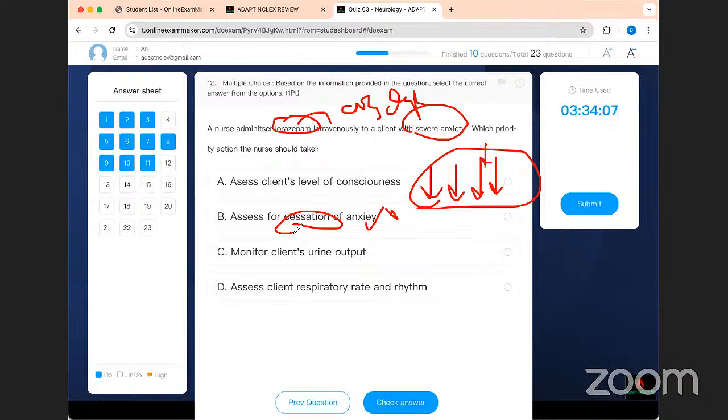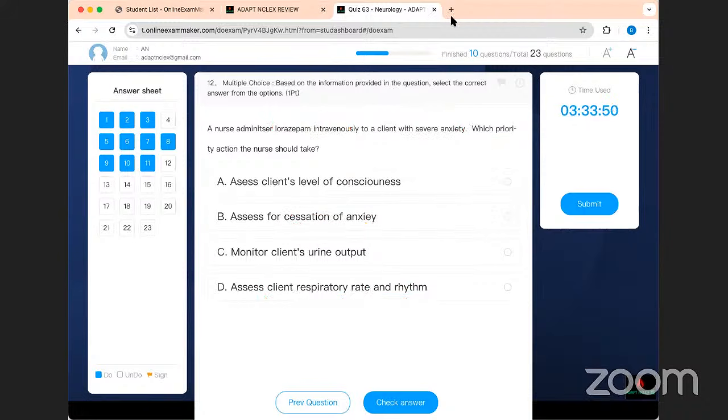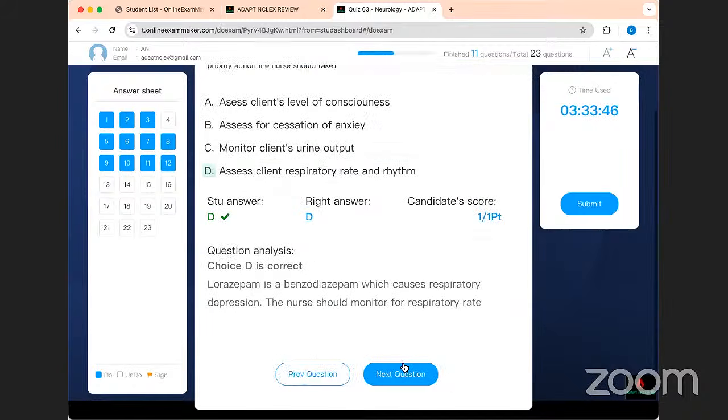That's not the priority. The medication is a central nervous system depressant. I'm going to check their respiratory rate before I check their level of consciousness, right? I want to make sure they're breathing. So that's more important than A. Urine output is unrelated.